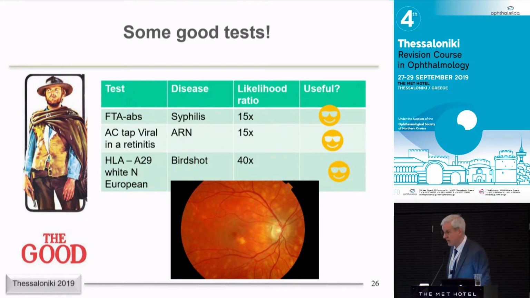So what that means is, if you suspect it and you get a positive test, the odds of it being syphilis-related uveitis go up hugely, really, really high. So we got a big smiley face there, okay?